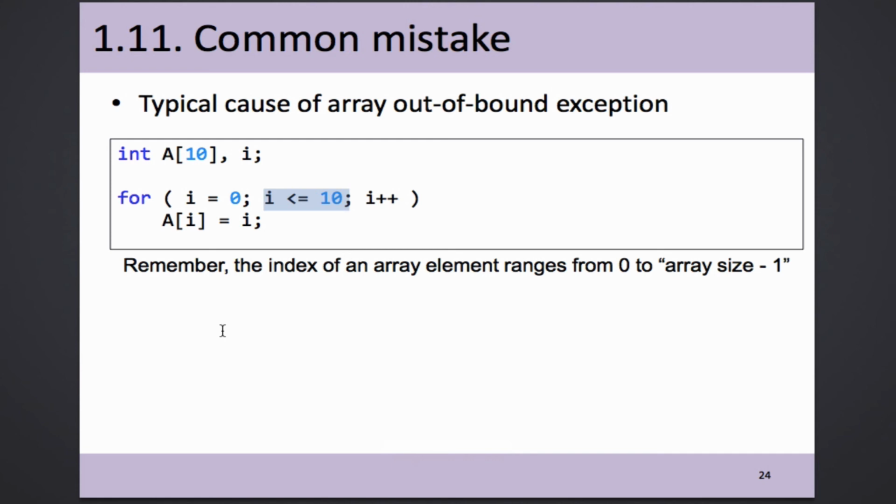The array has a bound. The bound is from 0 up to 9, but you want i to visit 10. Then you will have A[10]. A[10] is definitely a wrong location. There's no such location called A[10]. Then it will give you a surprise. It gives you some number that is something imaginary.